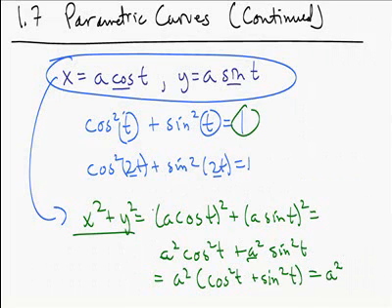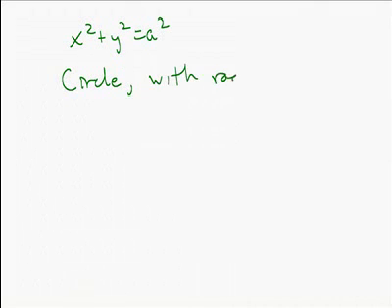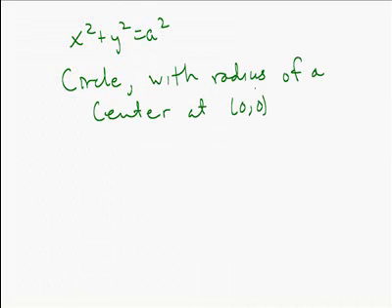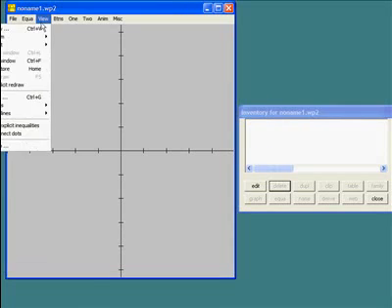In other words, we have x squared plus y squared equals a squared. If I just give you that equation, you recognize that as a circle. Not only that, you recognize that as a circle with a radius of a and a center at the origin of 0, 0. And that's exactly what it's going to be.